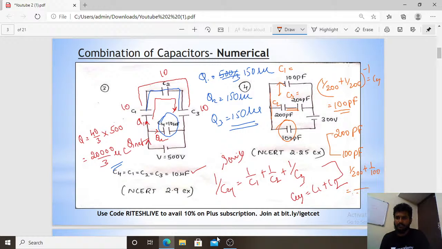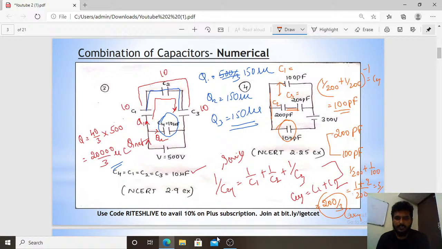So that is 200, 1 and 2, that is 3 by 200. You need to inverse, that is 200 divided by 3. So it is nothing but C equivalent. Very simple. So you can do it without any hesitation, right?